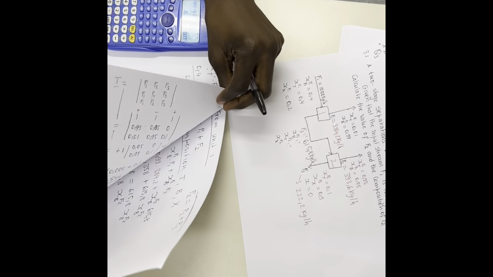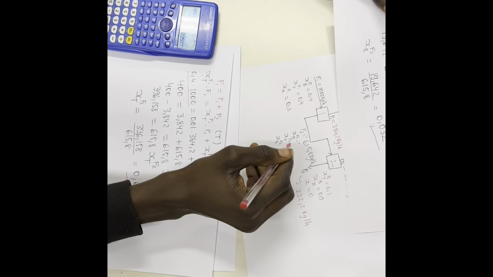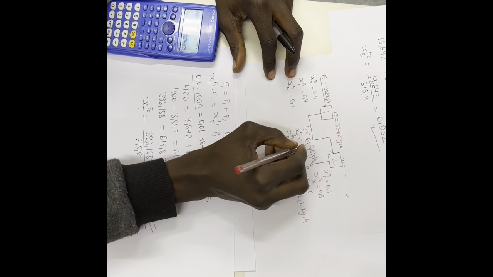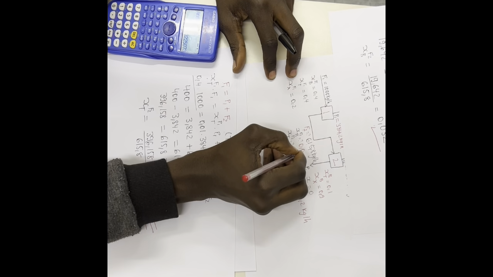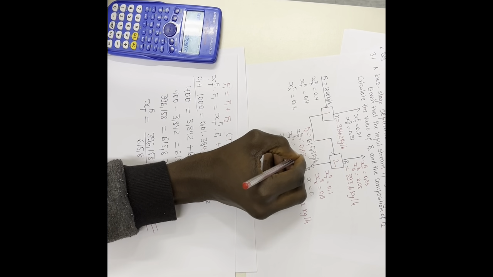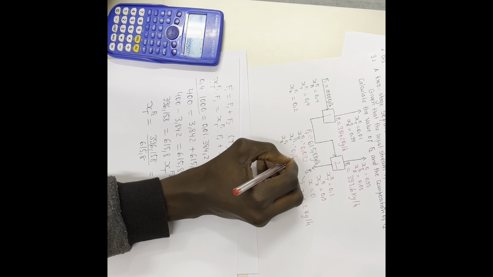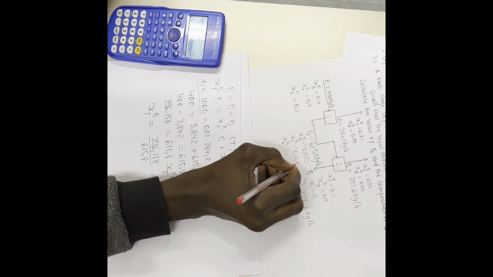We know already the value of benzene, which has become 0.032. For toluene, we just found 0.643.